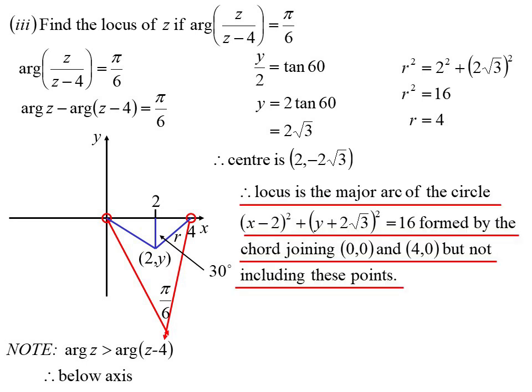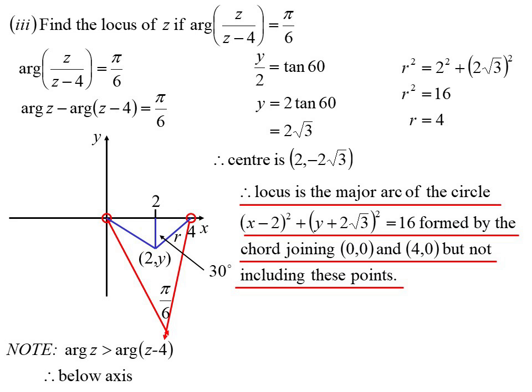I can now describe my locus. There's a mouthful. It's going to be the major arc of that particular circle. It's going to be formed by the chord that joins 0, 0 and 4, 0, but not including those points because that's the start of the ray. That's how I could write that. I suppose another way I could do it, rather than saying formed by the chord joining, I've still got to say it's the major arc of that circle, but I could write it something like this.